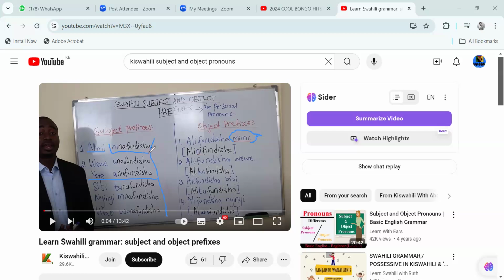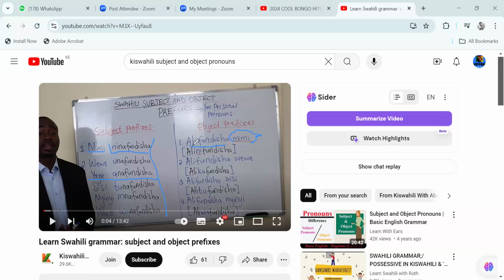You don't need to repeat the word me. Now, in the object part, the pronoun becomes the last part. For example, the word alinifundisha means he taught me.